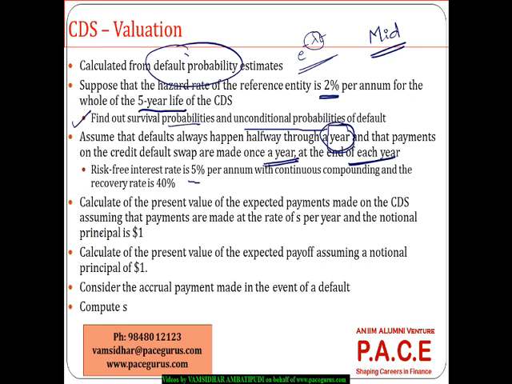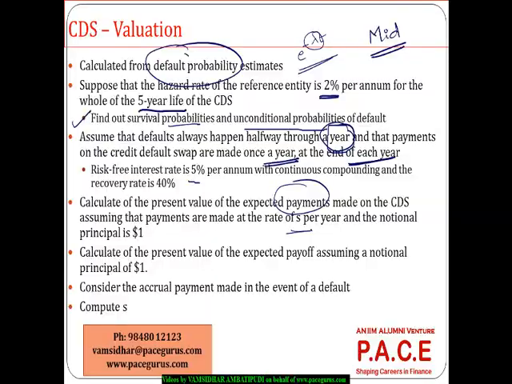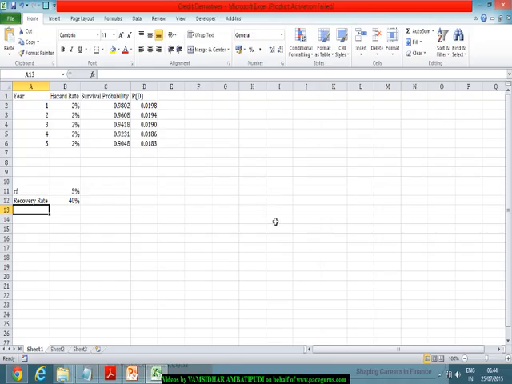So first let's compute the present value of the expected payments made on the CDS, assuming that the payments are made at the rate of some S per year and a notional principal of $1. At the rate of S per year, how much is the payment that is getting made? So this is the probability of survival.